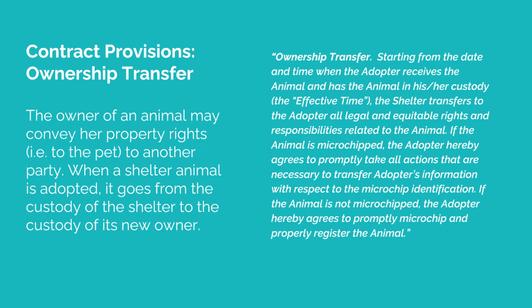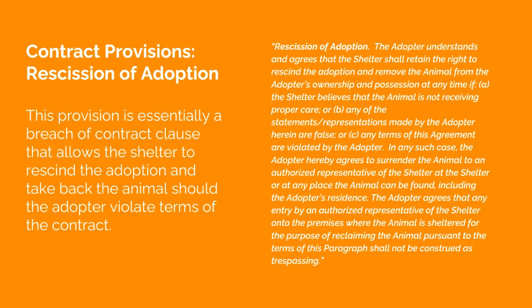So when a shelter animal is adopted, it goes from the custody of the shelter to the custody of the new owner. The second contract provision I wanted to highlight was the rescission of adoption, which essentially acts as a breach of contract clause because it allows the shelter to rescind the adoption and take back the animal should the adopter violate terms of the contract.